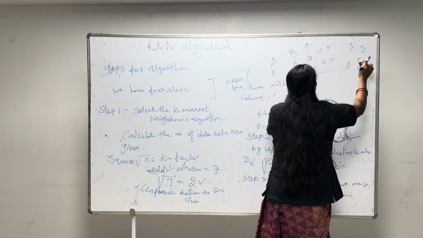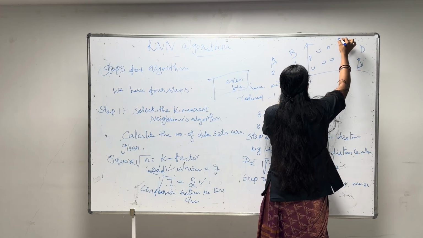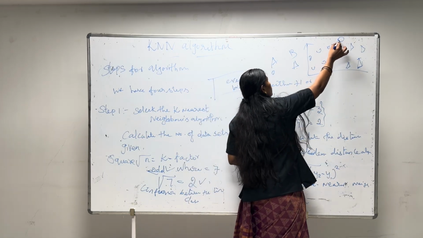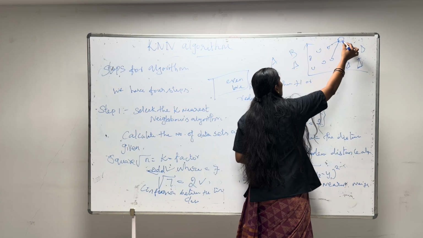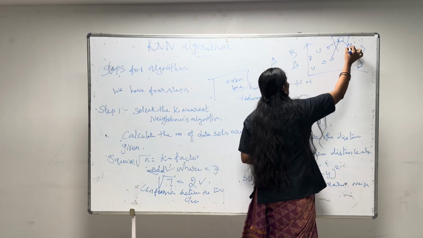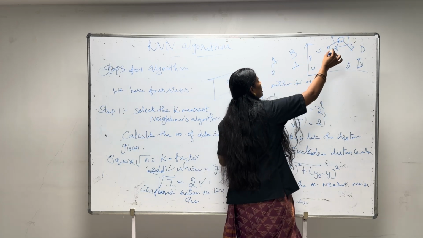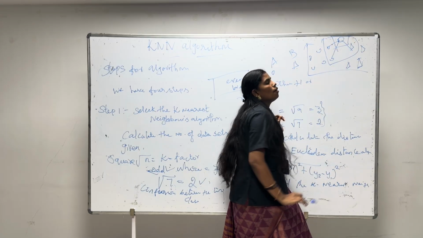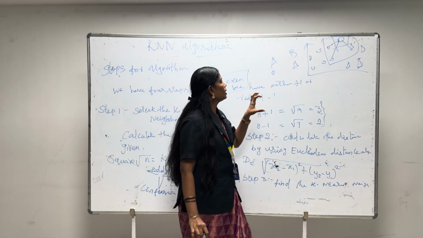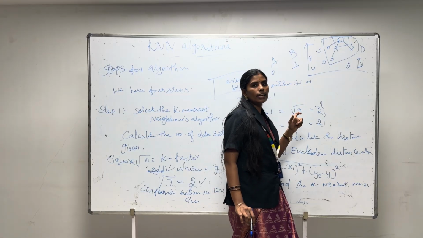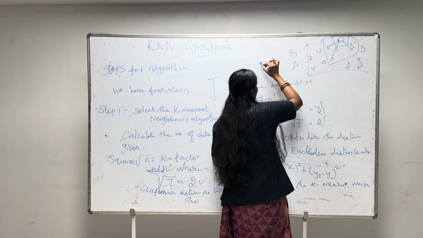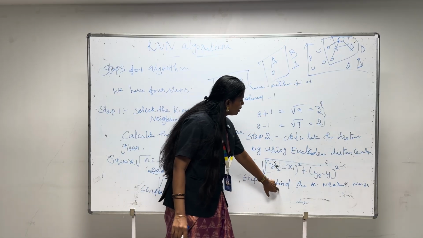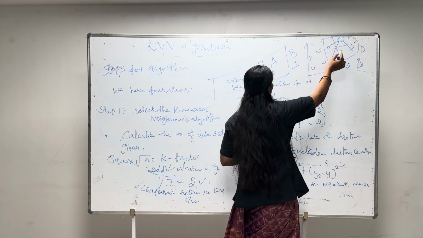Here the new data point is given, and we find the k nearest neighbor with that. We are going to calculate the distance. So from the k nearest we find which category the data belongs to. It's under the category of A. So we will find the k nearest neighbor. So this is the example for that.